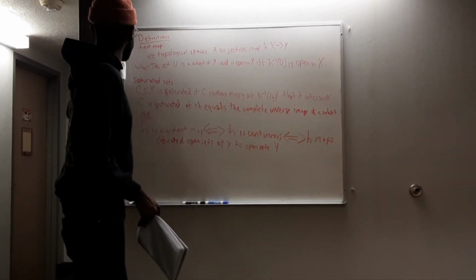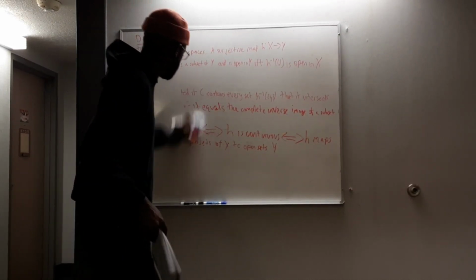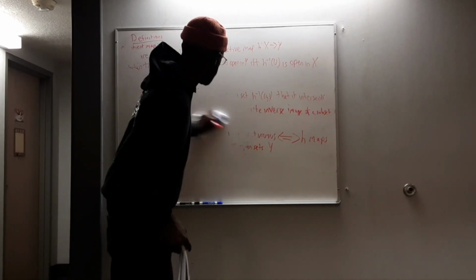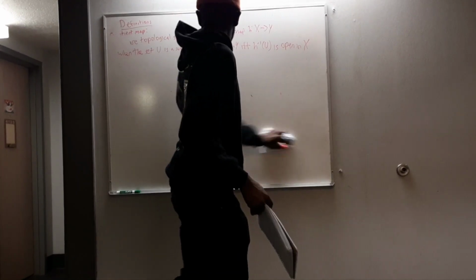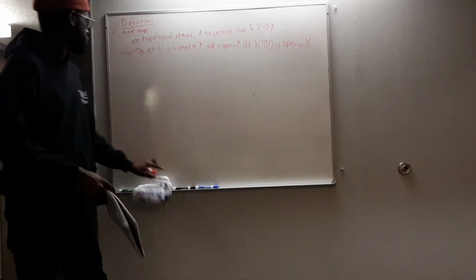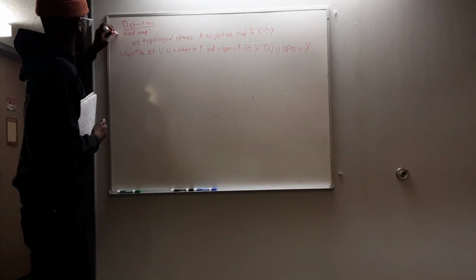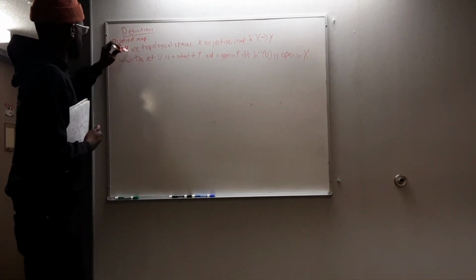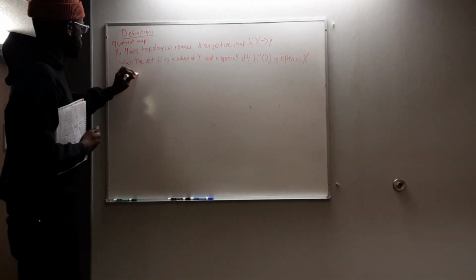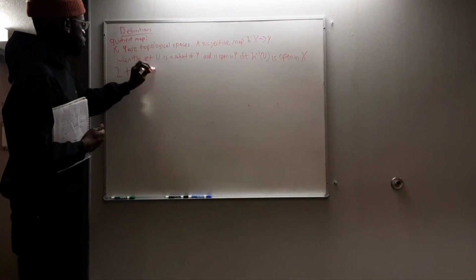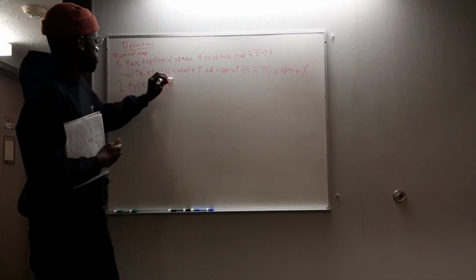So there are two types of quotient maps: open and closed. Let me rewrite this and keep the definition up here.